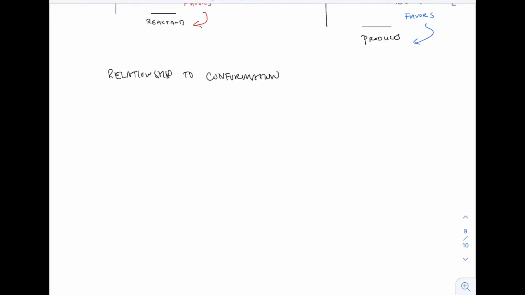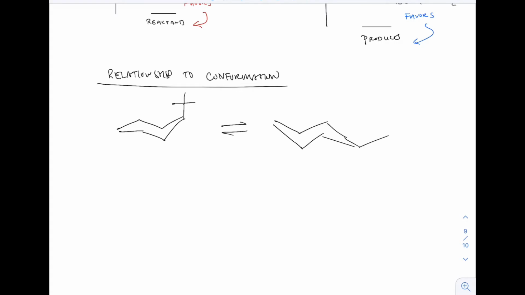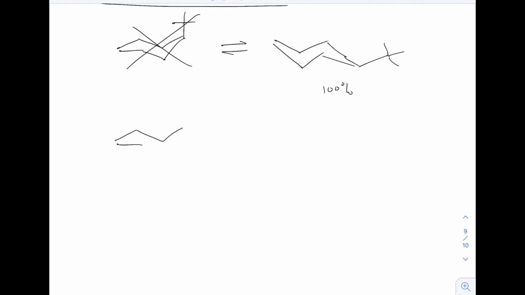So what is the relationship between conformation and energy? I remember we would draw chairs and say, here's the chicken foot in the axial position, and here's the chicken foot in the equatorial position, and what's the percentage of each of these conformations? And it was 100% in the equatorial position. And you're like, yeah, I agree with that just because you told me.